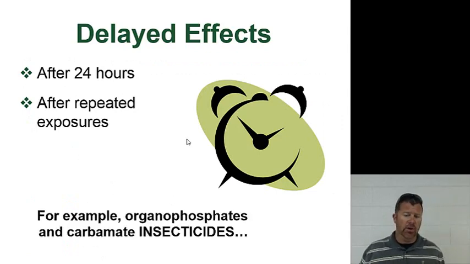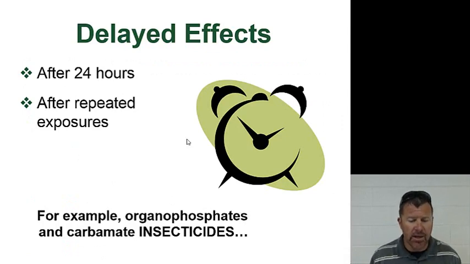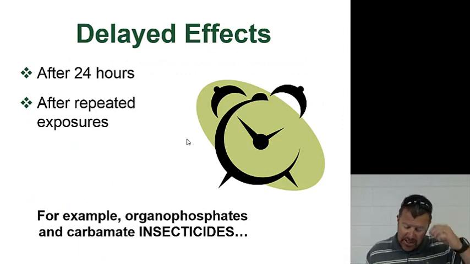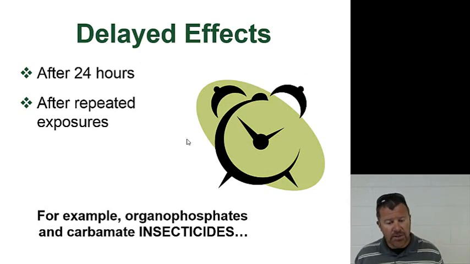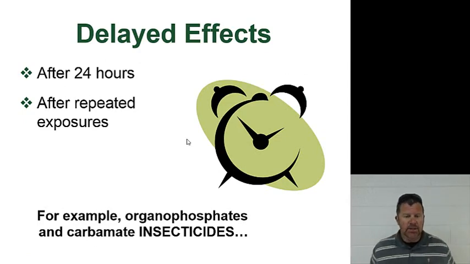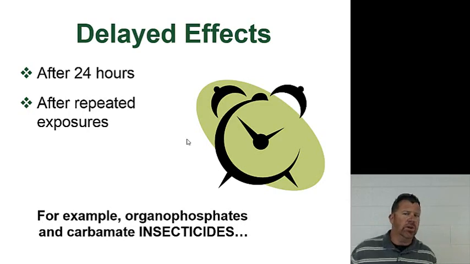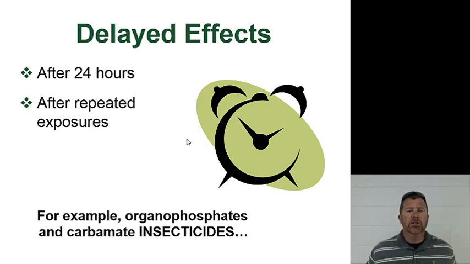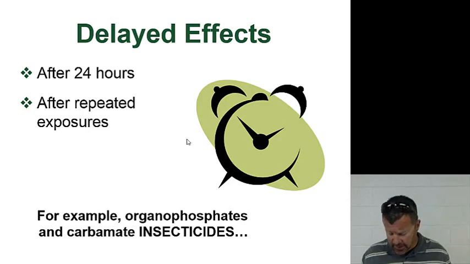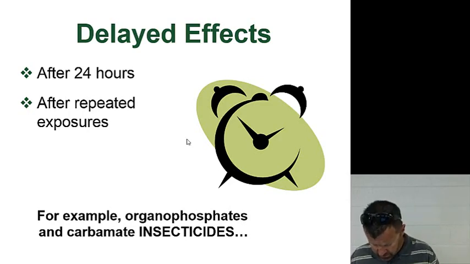For example, organophosphates and carbamate insecticides. This PowerPoint had a lot of slides about these two types of insecticides, but we're going to wait and talk about that when we get into our book and when we start talking about the insecticides that we're going to see in our turf and on our plants.